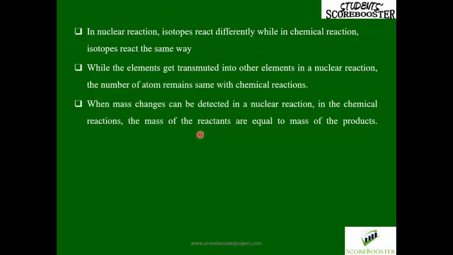The amount of product must be equal to the amount of reactant. If the total mass of reactant is 40 grams, we expect the total mass of the product to be equal to 40 grams. So those are the differences that we need to consider between nuclear reactions and chemical reactions.